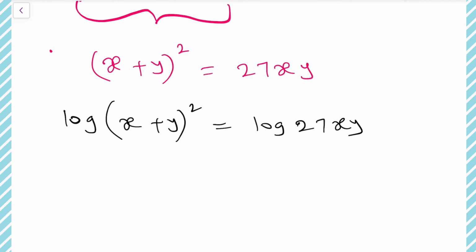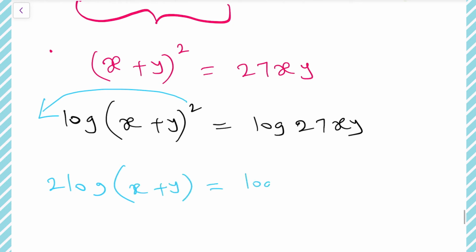Now, as I said in the previous problem already, this power will come to the front as it is because it is for the main number. So 2 log of x plus y equals log 27 into x into y. It is multiplication, so multiplication will become addition. Then log 27 plus log x plus log y.